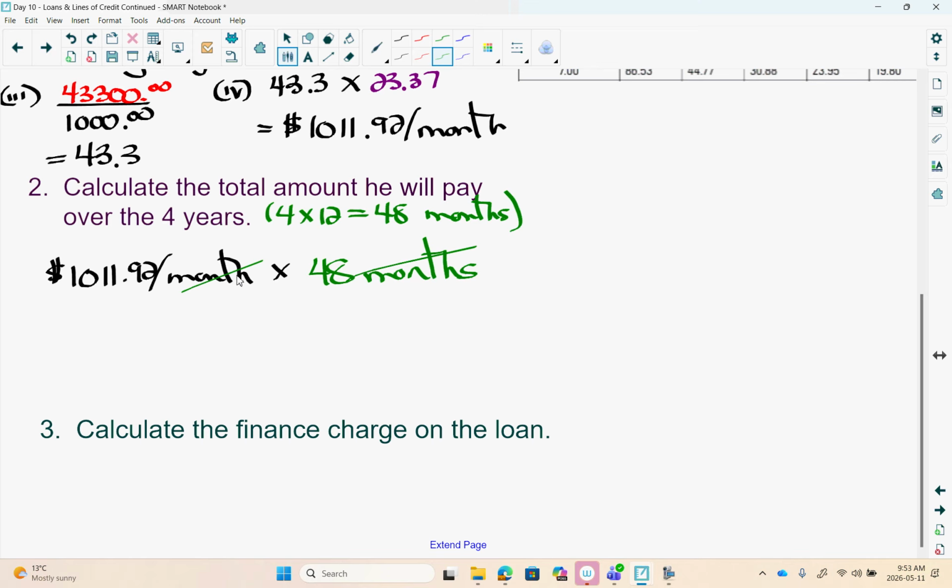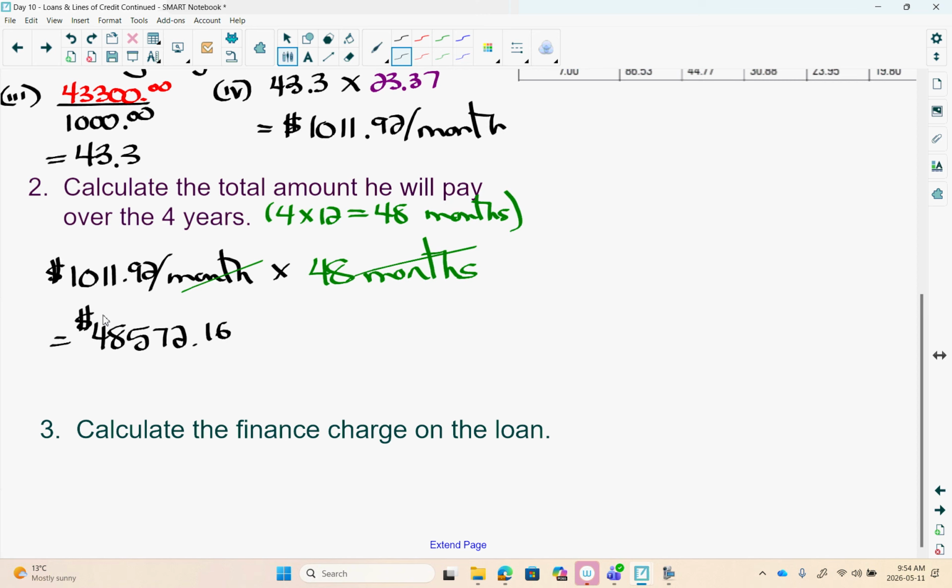The months will cancel. And what's 1,011.92 times 48? I've got $48,572.16.